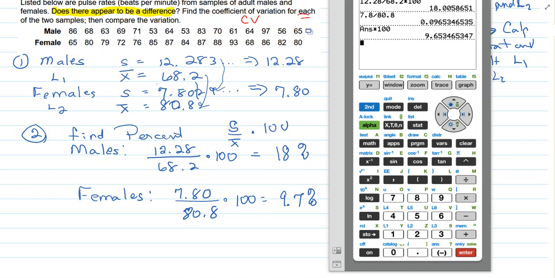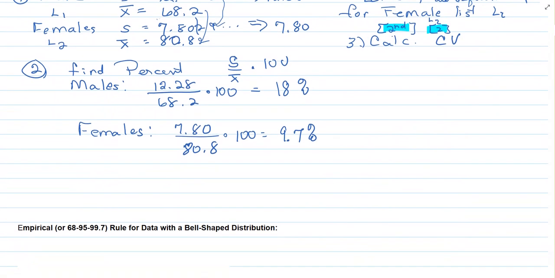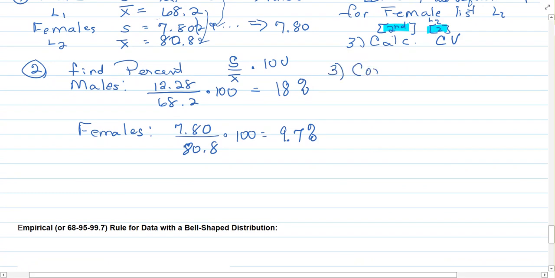So now we're going to compare it. So what happens when we compare this thing? All right. We can say coefficients of variation. We're going to compare them.